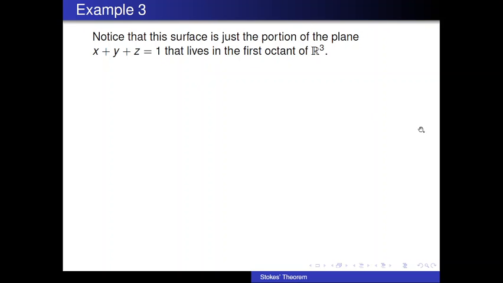Another way you could see that is to do the standard exercise: given three points on the plane, you get two displacement vectors that live on that plane, then compute their cross product to get a normal vector to the plane, and do the standard way you find the equation of a plane. But this one's easy enough that we don't have to think too hard. We can just see that this is the equation that has to be satisfied.